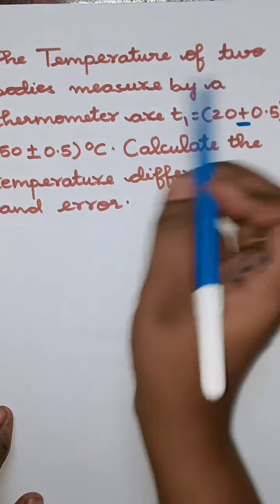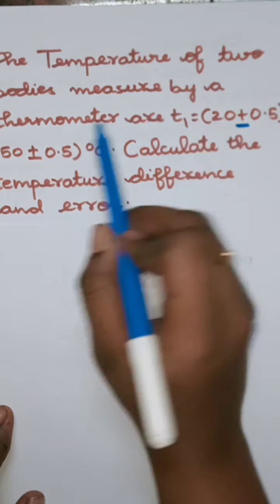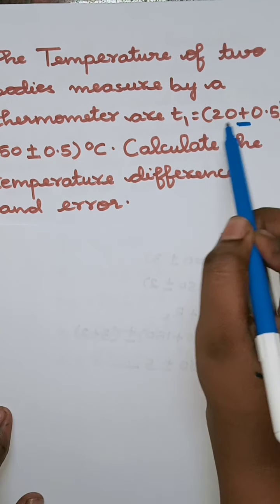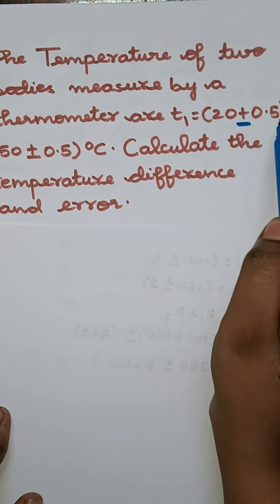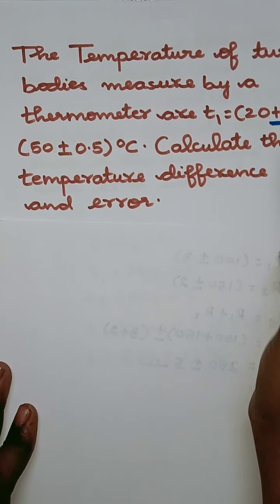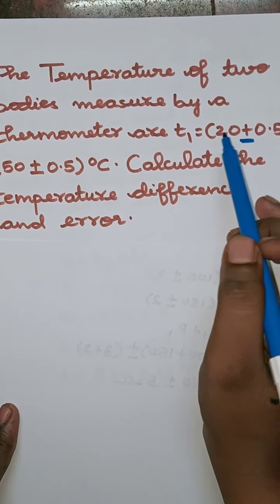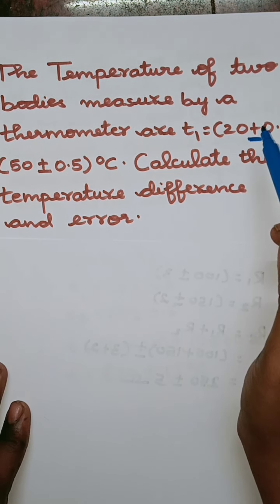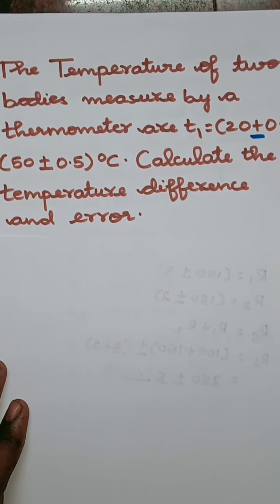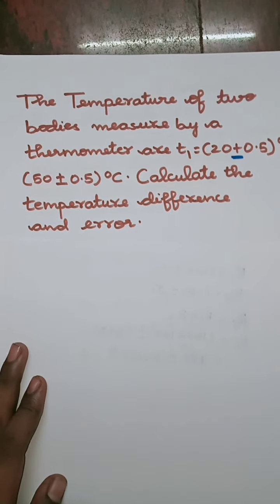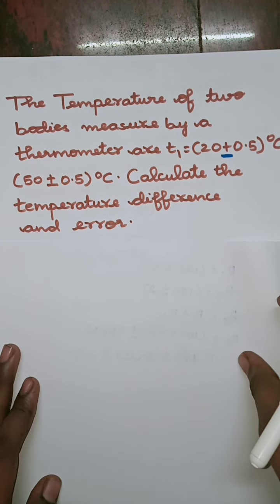The temperatures of two bodies measured by a thermometer are T1 is equal to 20 plus or minus 0.5 and T2 is equal to 50 plus or minus 0.5 degrees Celsius. Calculate the temperature difference and the error. That is the question.